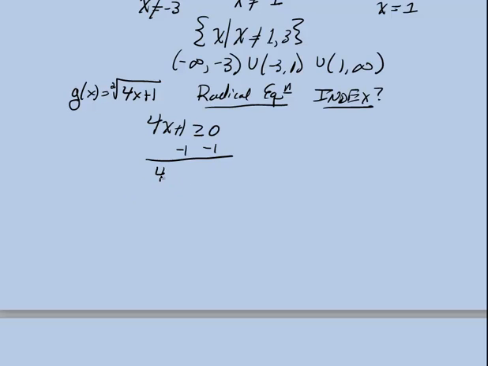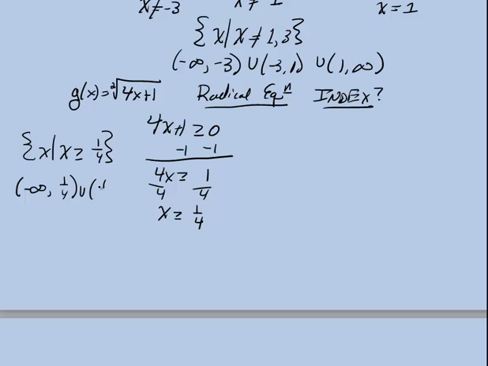And we're going to have 4x must be greater than or equal to negative 1, dividing both sides by 4. And we get x must be greater than or equal to negative 1/4. We can write this in set notation as x such that x must be greater than or equal to negative 1/4. Or interval notation, negative 1/4 to infinity. So we can write it in such a fashion like that.